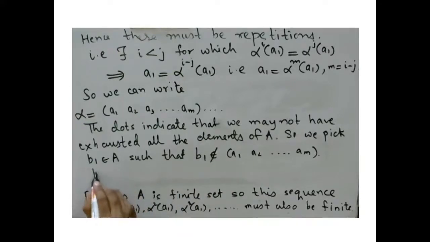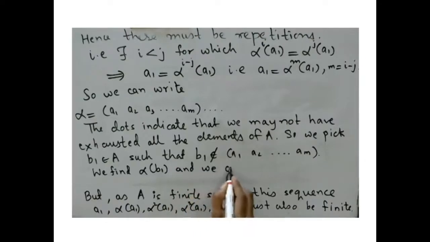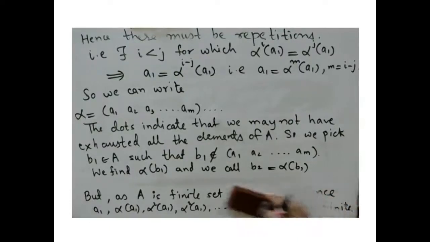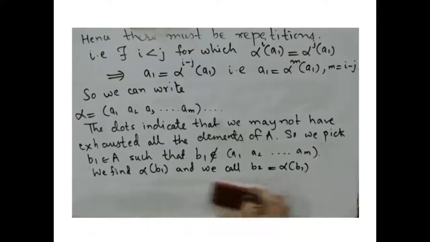We find alpha of B1 and we call it B2. B2 is equal to alpha of B1. Then we find alpha of B2 and we call it B3.